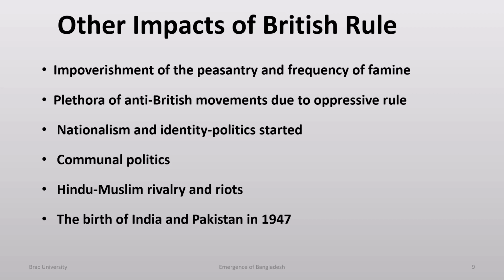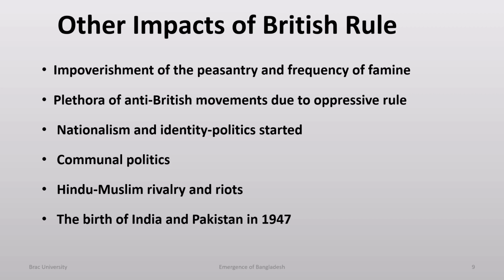But to control this growing sense of nationalism, the British applied the divide and rule policy, which increased the distance between Hindus and Muslims. From the beginning of the 20th century, Hindus and Muslims and their identity politics became very prevalent.